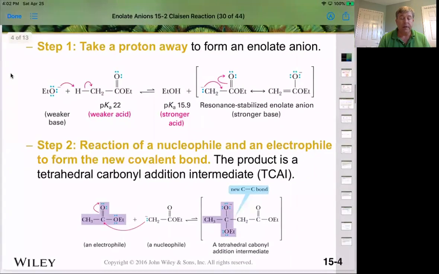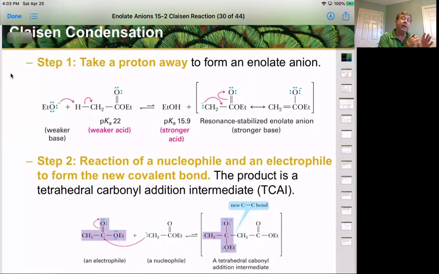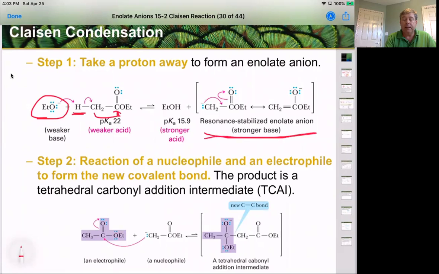So the first step in the mechanism is the same as with making any enolate: we remove a proton from an alpha carbon. In this case, we're going to use the ethoxide to remove this proton that again is on the alpha carbon next to this carbonyl. That's going to generate our resonance stabilized enolate ion.